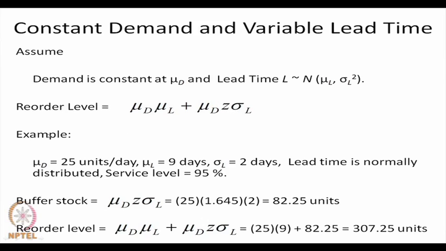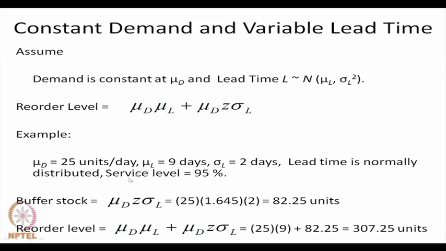We take an example. Suppose the demand is 25 units per day and L has a mean value of 9 days, but it has a standard deviation of 2 days, then the lead time is normally distributed, and suppose that the service level is 95%.